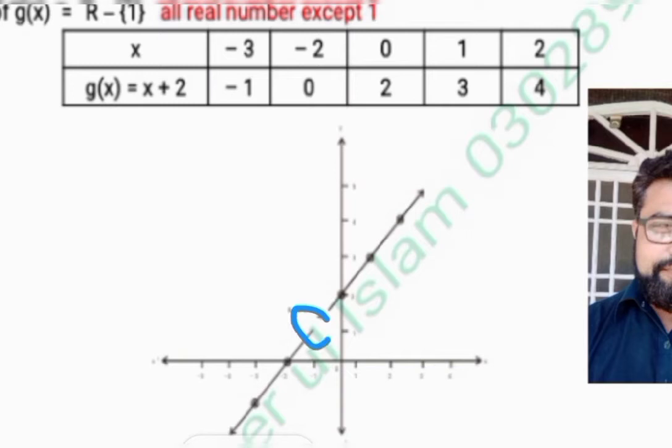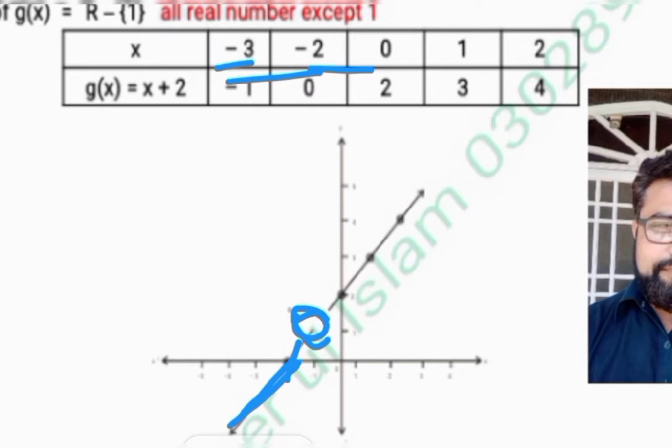You see that there is an empty space. We have plotted these points at x equal to -3, -2 and 0, and we will join these points. But at x is equal to -1, that is not in the domain, so we will not plot the graph here. And after that there is 1, 2, and you can put 3. There are some values, so we have plotted the graph here.